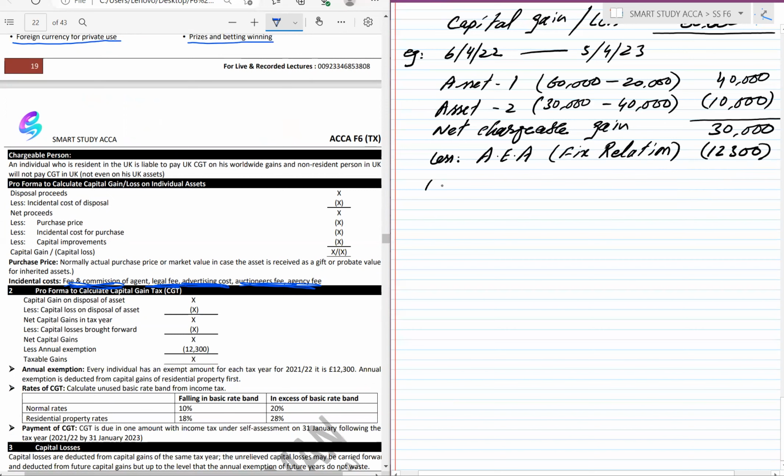Then we will deduct any brought forward capital loss. It will give us the taxable gain.